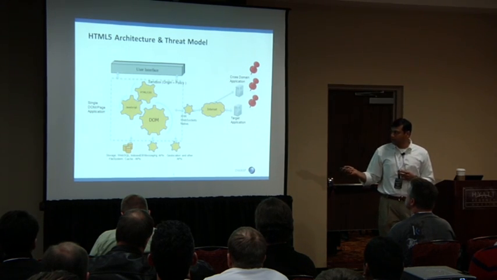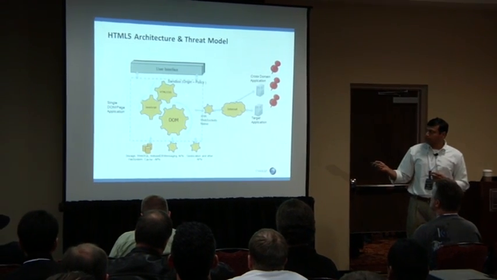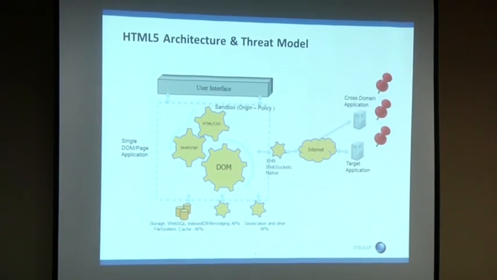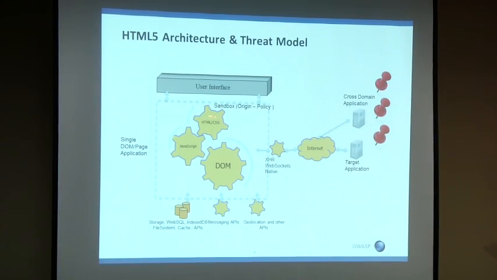So what we have here is your application, which runs in a sandbox, bounded by the same-origin policy. You have HTML and CSS here, JavaScript running here, and everything you do with the document object model. Now these applications are not traditional applications which run on multiple DOMs. These applications run on a single DOM.